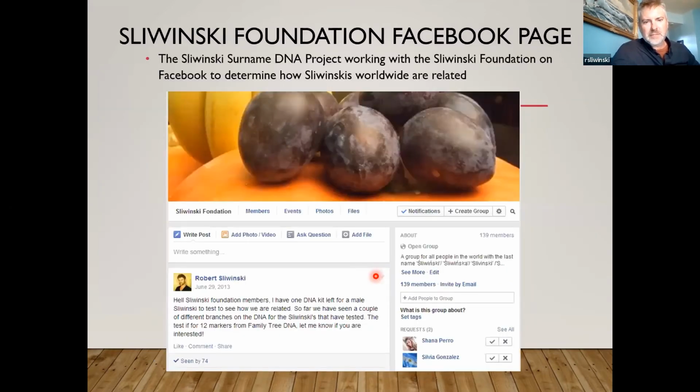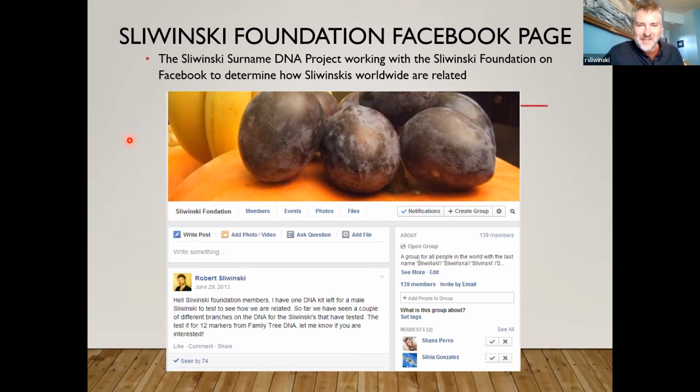So I wanted to branch out to get more people to join this Slowinski DNA testing website at Family Tree DNA. A Slowinski Foundation Facebook page was started by a gentleman in Australia. Once I started posting a couple times to it, he gave me the administrative rights right away and then jumped ship.